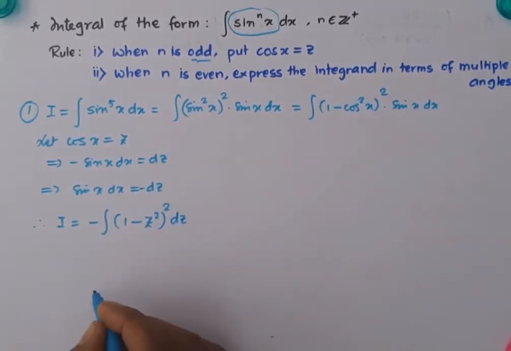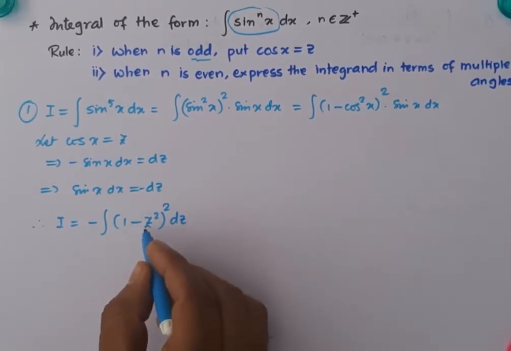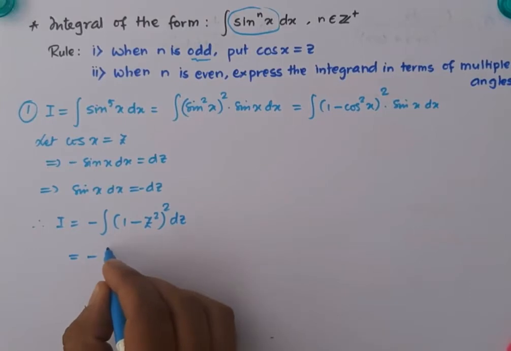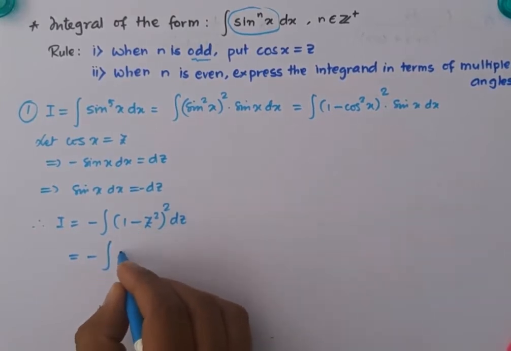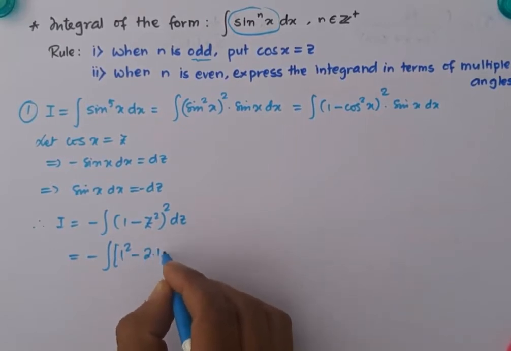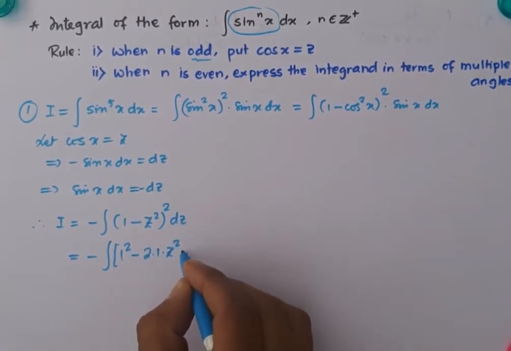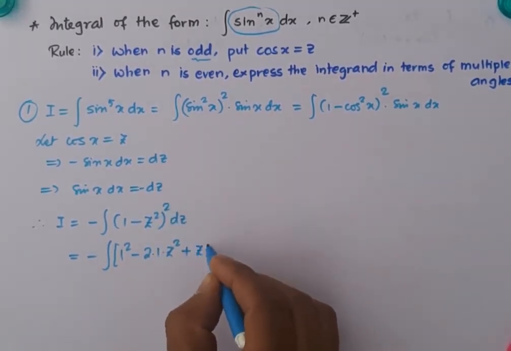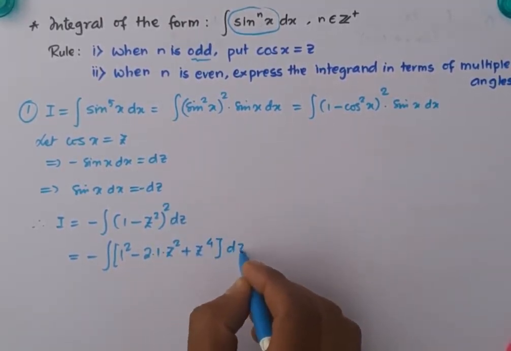Now it's very simple: we have (a minus b) whole square, so let's apply the formula. It is the integral of a square minus 2ab, where b is z square, and b square is z square whole square, which becomes z to the power 4 dz, isn't it?